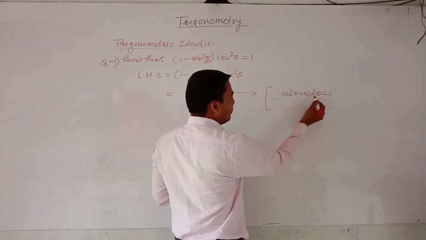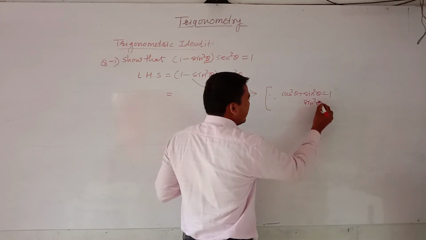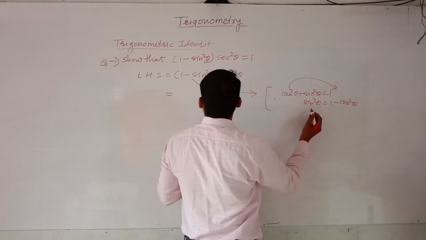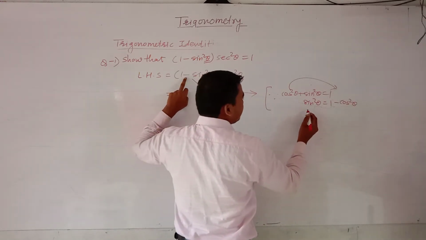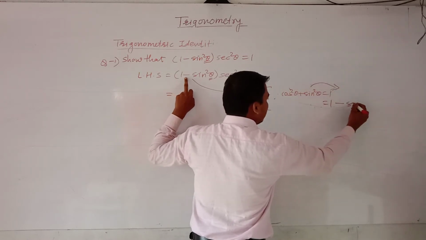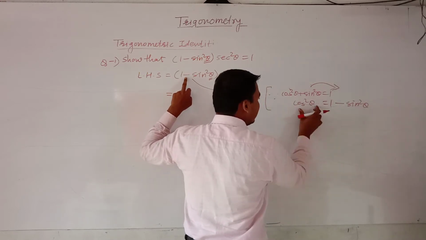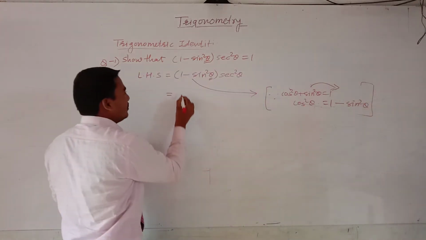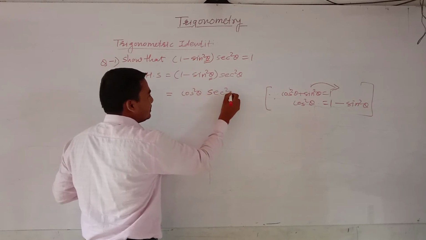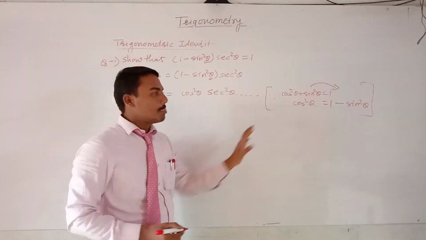I want to calculate sin square, so sin square theta remains here, and 1 minus sin square theta is nothing but cos square theta, and here is sec square theta. So you have to write the reason. Okay.